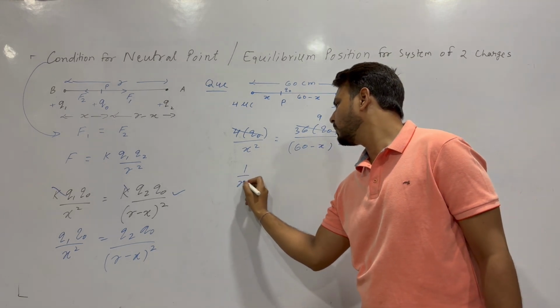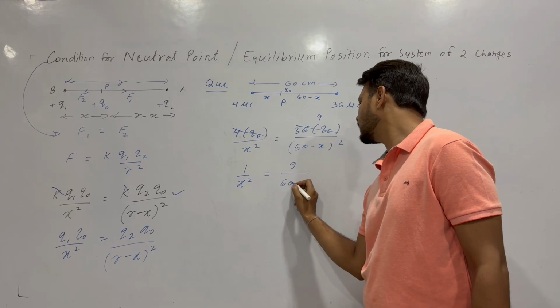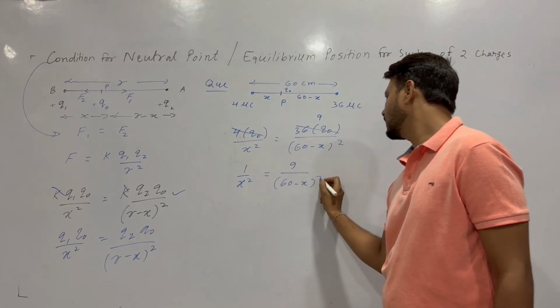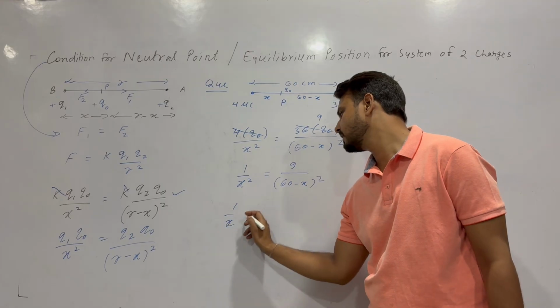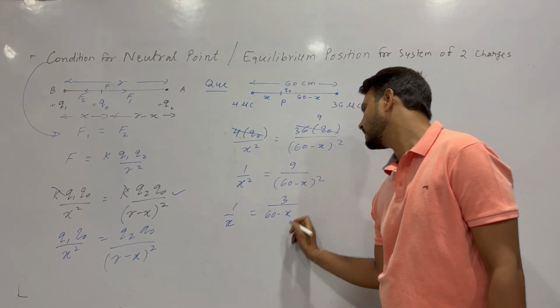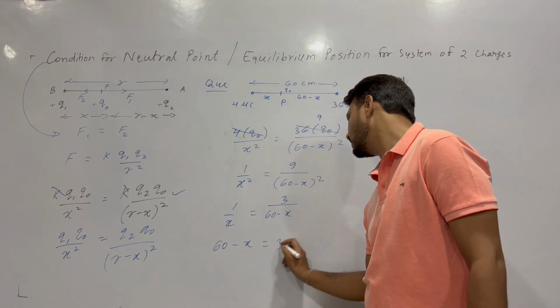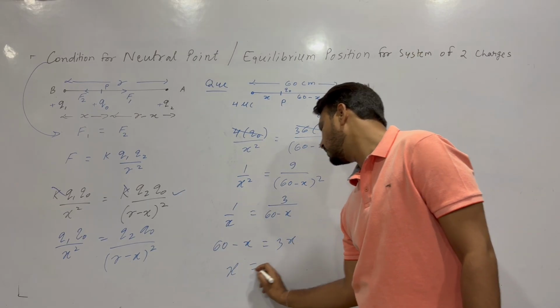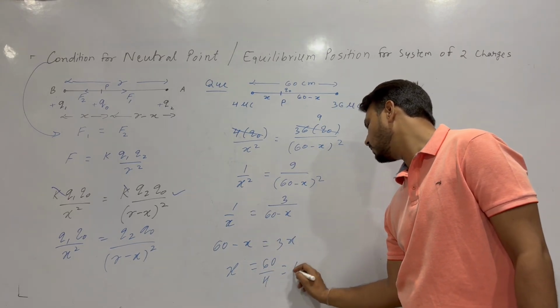So it will be 1 upon X square equal to 9 divided by 60 minus X whole square. Now taking the square root of both sides, we get 1 by X equal to 3 divided by 60 minus X. Further solving, we get 60 minus X equal to 3X, and X will be equal to 60 by 3 plus 1, which is 60 by 4.